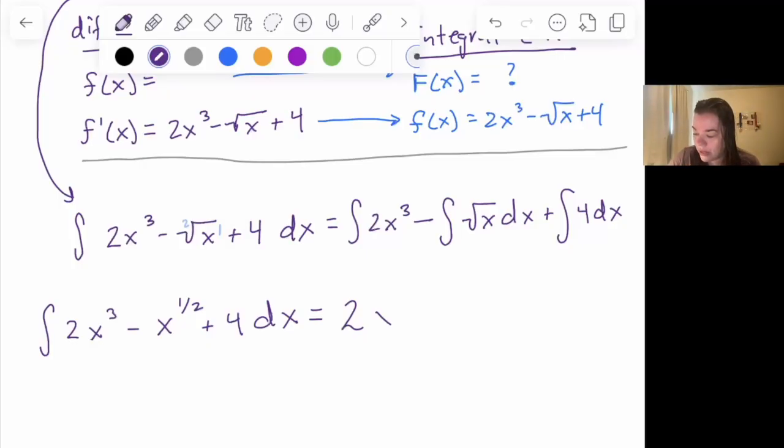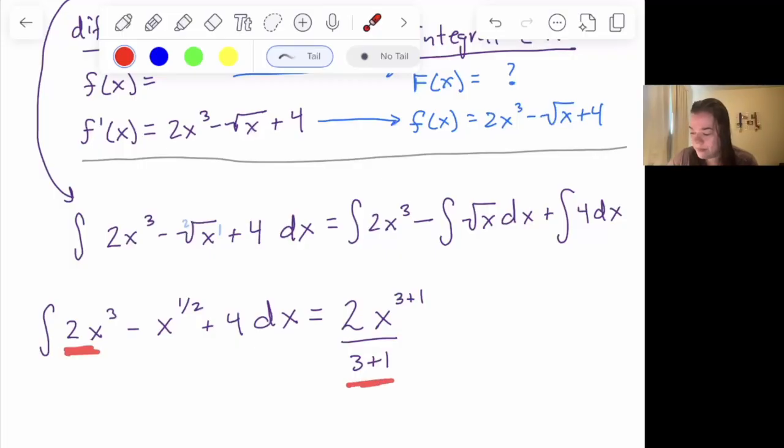The power rule tells me you add 1 to the exponent and you divide by the new exponent. Of course, we know 3 plus 1 is 4. You could have just written 4 there. You don't have to write that plus 1. You could simplify that as you go, but for the sake of learning together, I'm just going to show it in all the steps and we'll simplify later. So this is an antiderivative of the first term.